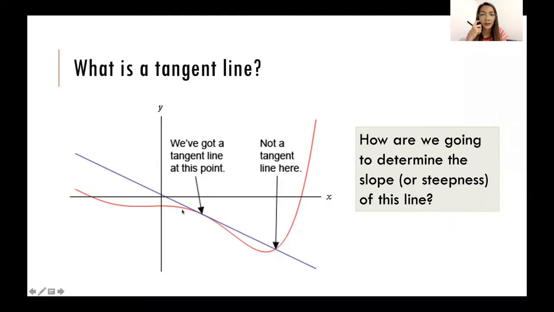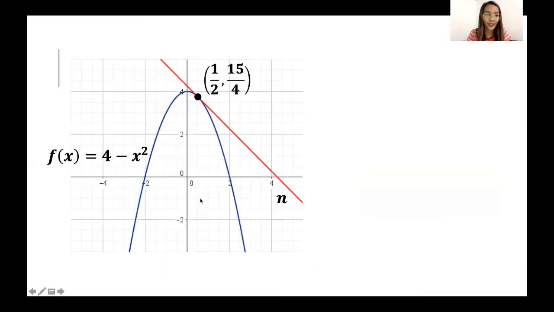Now, how are we going to determine the slope or steepness of this line? Say for instance, we have this example. We have the function f of x is equal to 4 minus x squared.